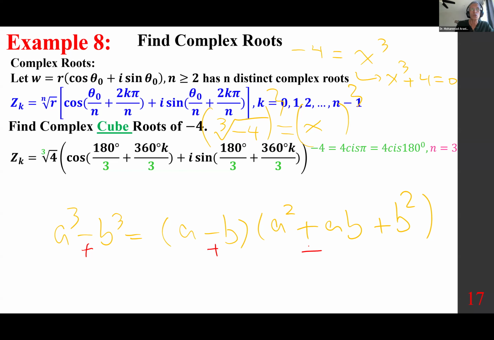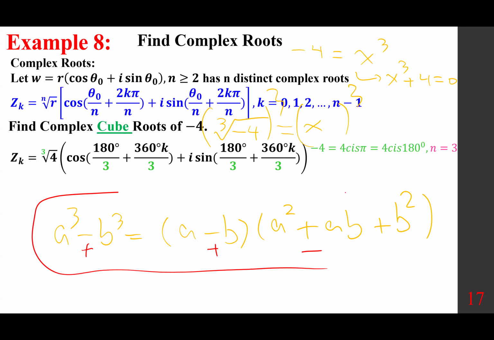One of the solutions is 1, and there are two more solutions that are complex. And that's what we are doing here. We are finding the complex solutions. Just remember this, okay? These are identities that help with factoring.